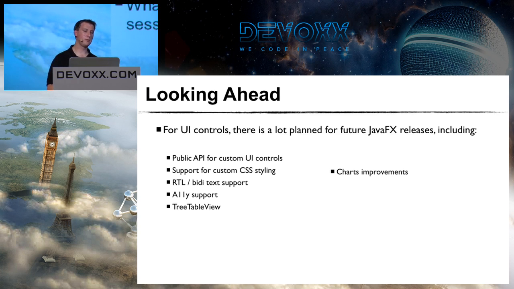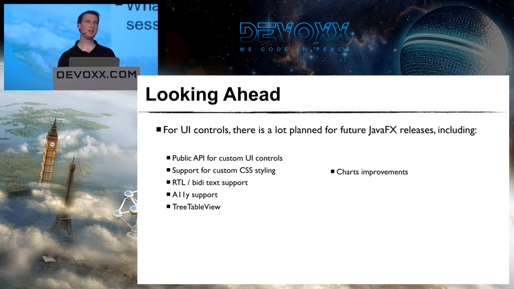We already have some working support for right-to-left support, as well as component orientation, so we can flip things around for users that are more used to right to left rather than left to right. There's a huge amount of work to do on accessibility, so that people with disabilities that need screen readers or different input methods are all able to use JavaFX.